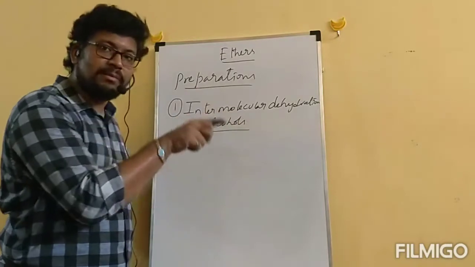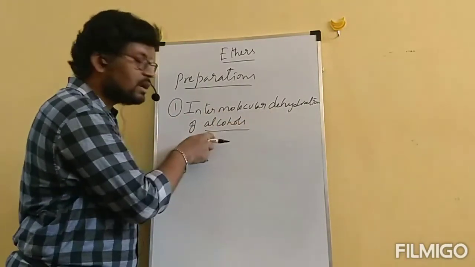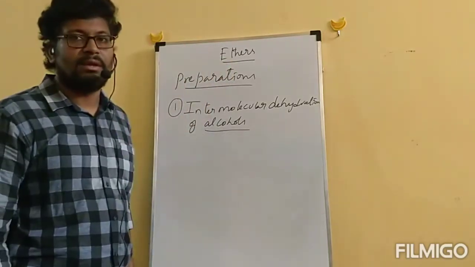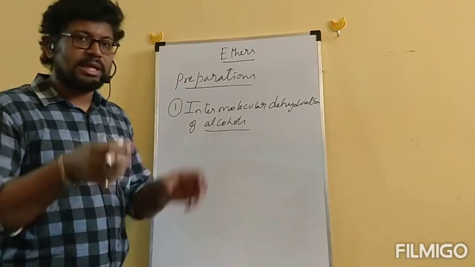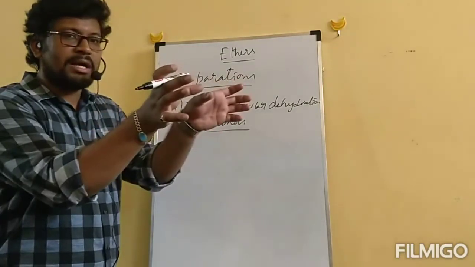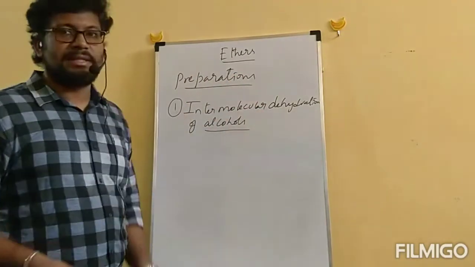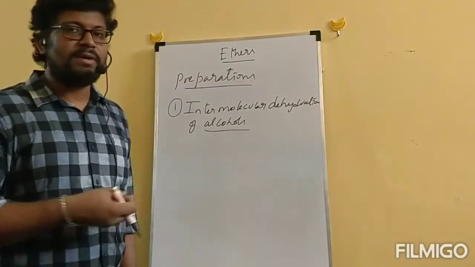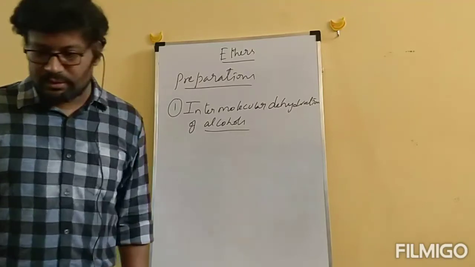Intermolecular: between the molecules, we will remove water from alcohols. Then we will get ethers. When we remove a water molecule from alcohols, two alcohols will be combined. By the removal of water, we will get ether. That is the meaning of intermolecular dehydration. Now, how it will undergo intermolecular dehydration, we will see. Just 2 minutes more.